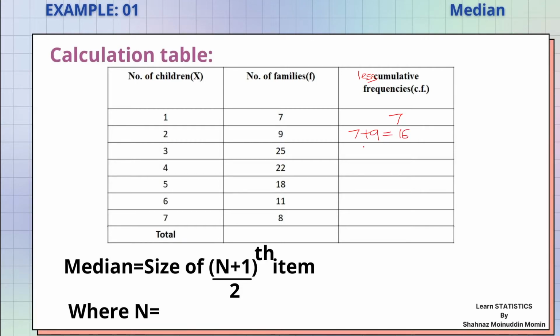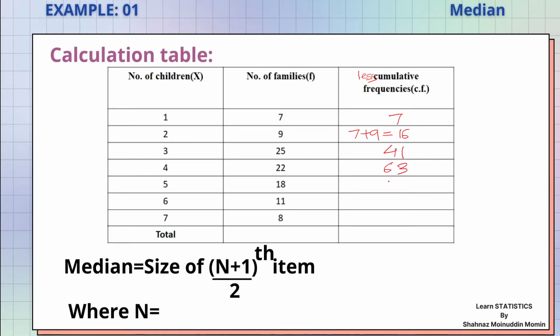For the third, add the first 3: 7 plus 9 plus 25, which comes out to be 41. Likewise, add the first 4 frequencies.